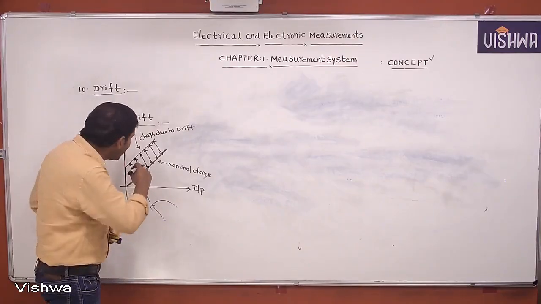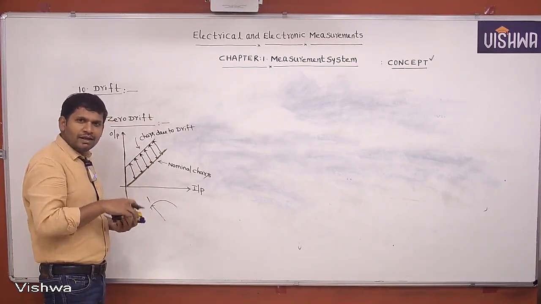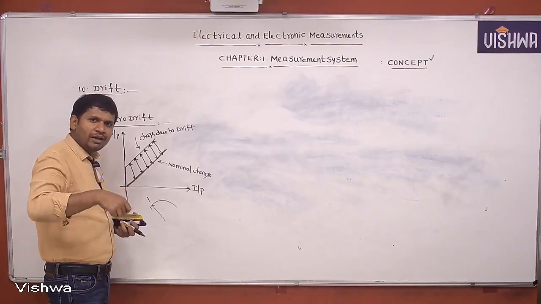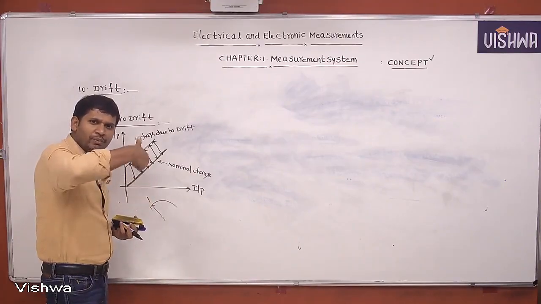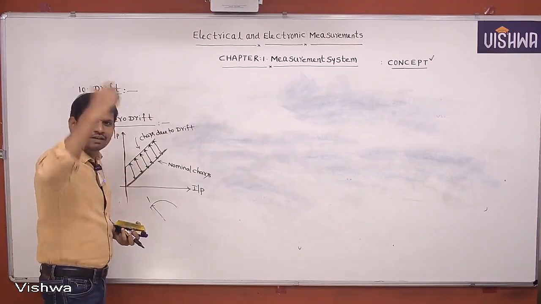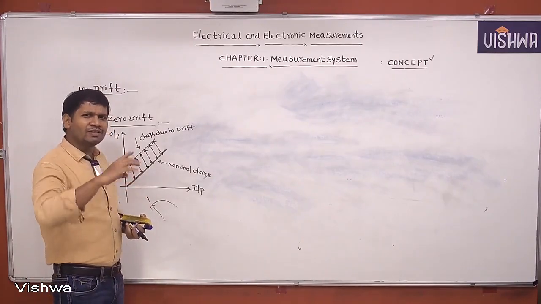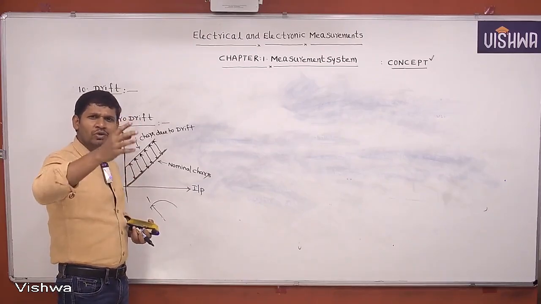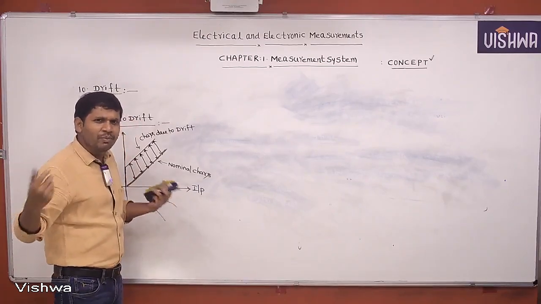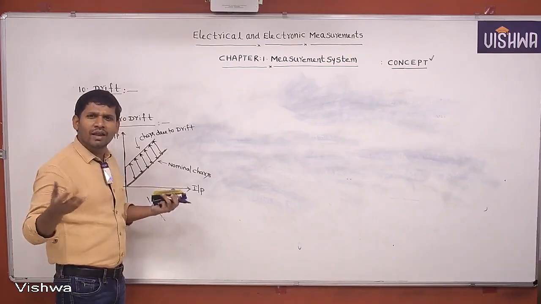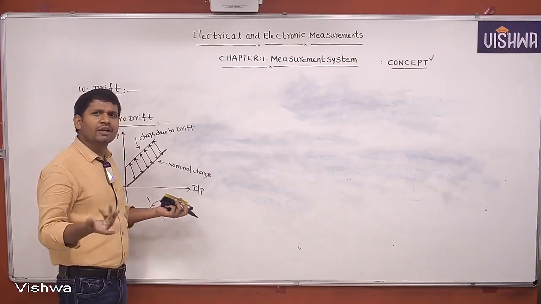The drift remains constant throughout the measurement. In the laboratory, by adjusting the screw, we first bring the pointer to the 0 position, then start the experiment. What is the reason for the pointer being above or below 0? Maybe some vibration effect, or some external electromagnetic or electrostatic field. That is the main reason.